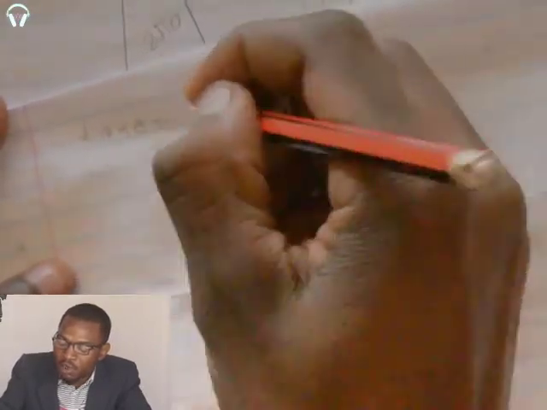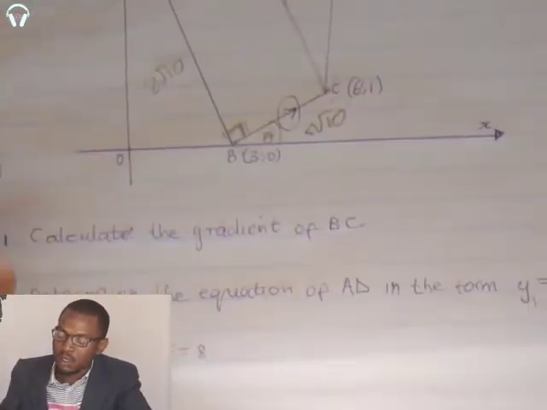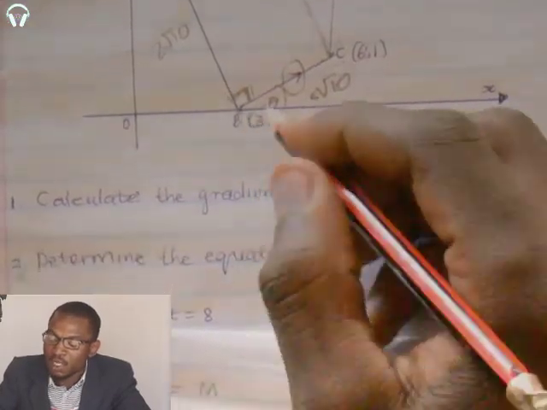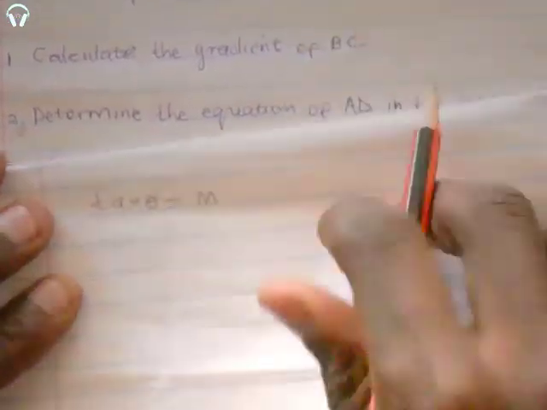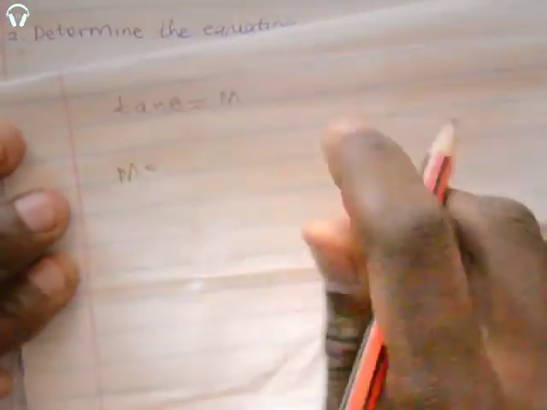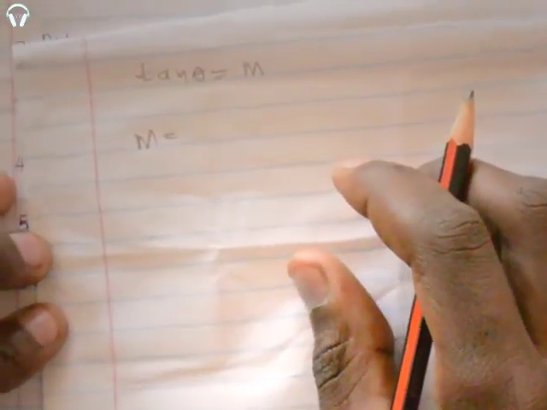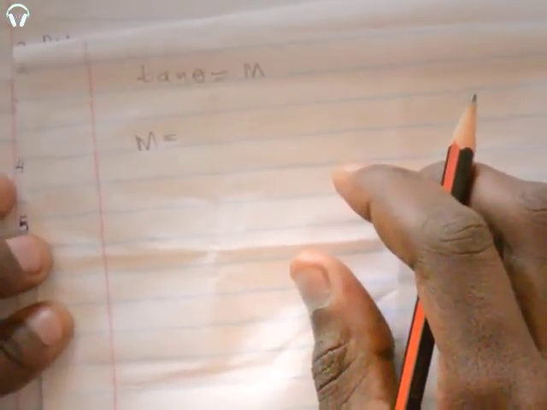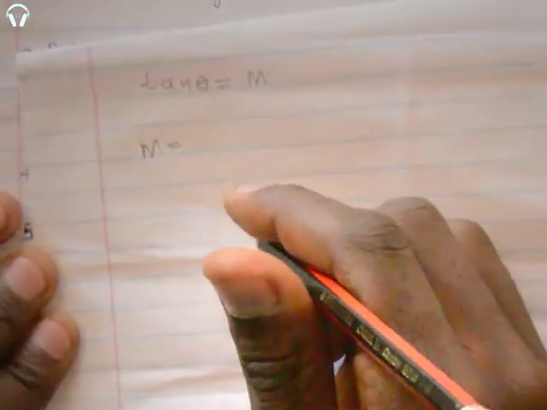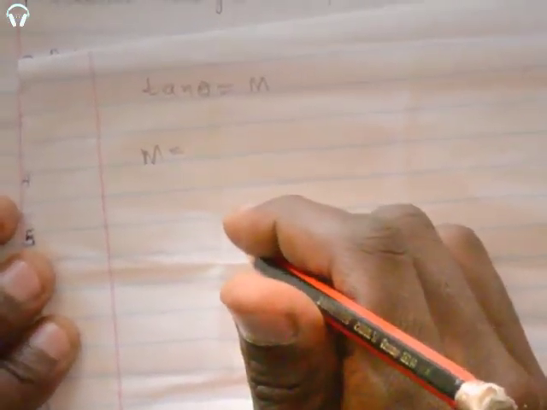Therefore, tan theta equals the gradient. In this case, the gradient of the line BC. So firstly, we have to find the gradient of the line BC and equal it to tan theta and find the inverse of that gradient in order to get the value of theta.